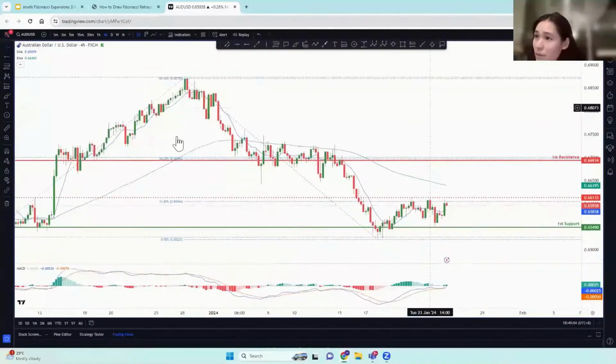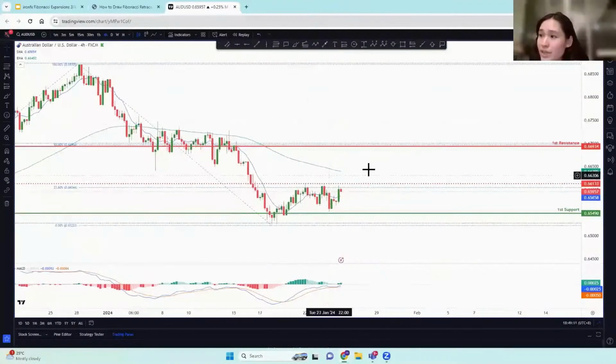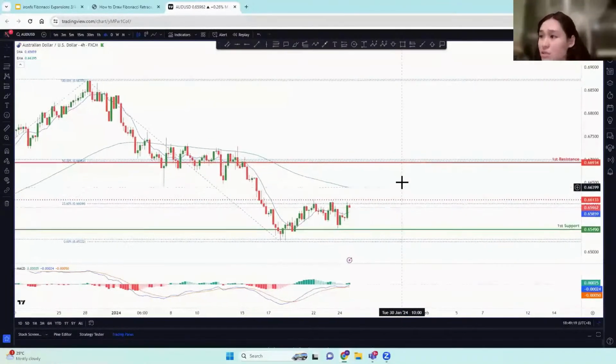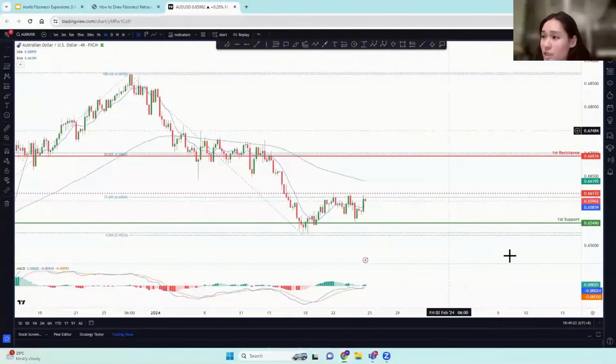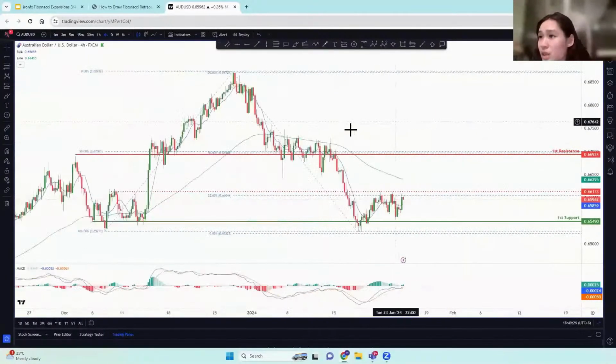You can see that price crossed over here when price started to make a downtrend. But now that it's making an uptrend, we might be able to see this crossover. Basically, when the EMA and SMA cross over, it is a signal that the trend will change. So we might see that soon.